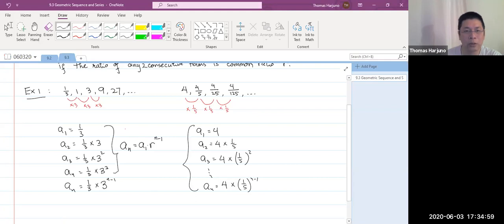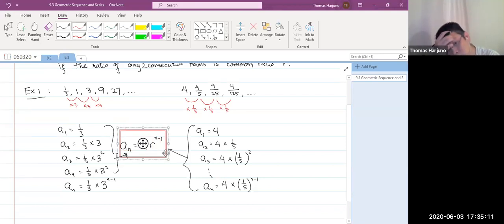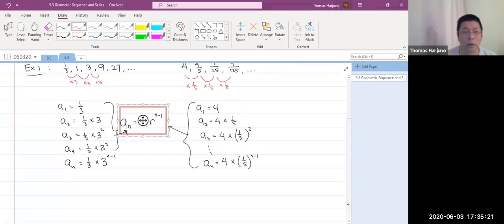Now you see consistently, if we have a geometric sequence, it must follow this general term formula.